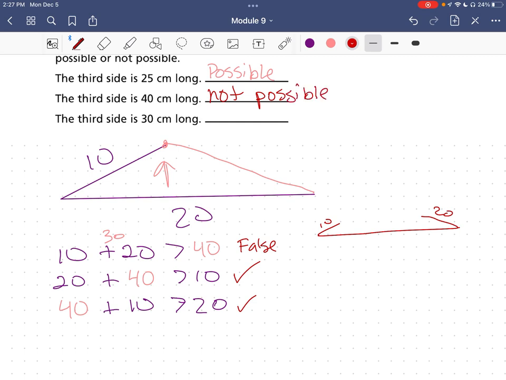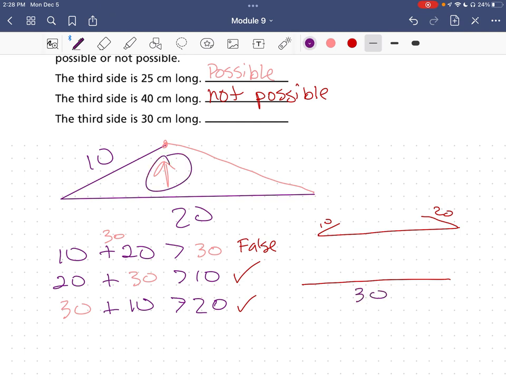Now try this. Pause the video. Try it with 30. See if that would work, and then try to draw your triangle. So pause the video, and when you are good, hit play. Okay, so if we add in 30 here, what is our triangle going to look like? Are they able to touch? Can they high five each other? And have some room, have that distance there?